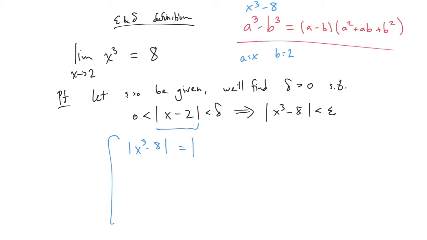It's inside absolute values, but first I see a minus b, which would be x minus 2. I like that. That's what I wanted. And then some other leftover stuff, a squared plus ab plus b squared. In my case, a squared is x squared, ab would be 2x, b squared would be 4. All right? So I have used my special random fact.